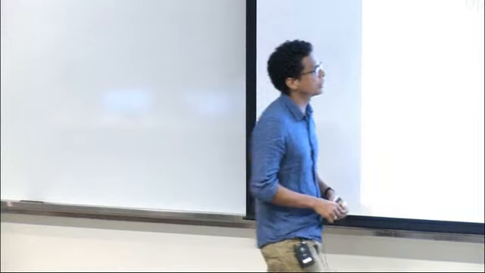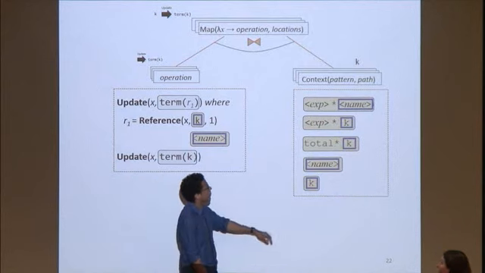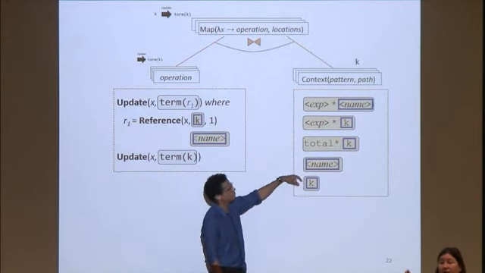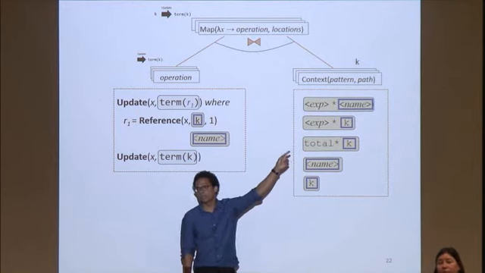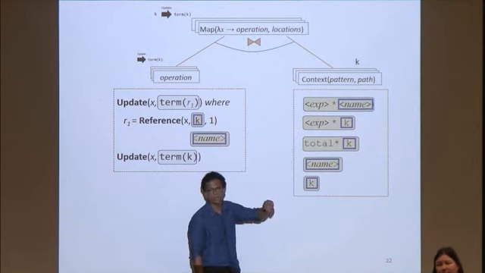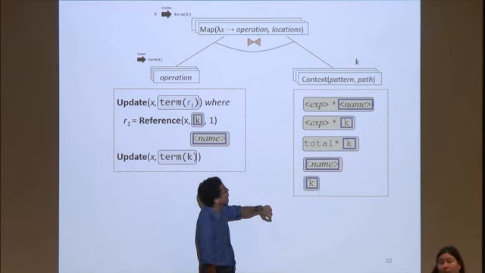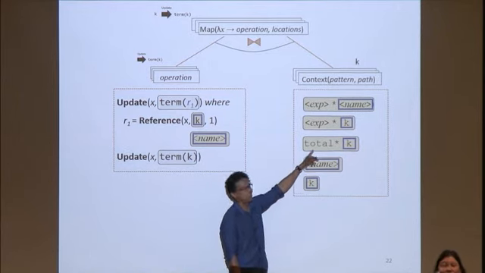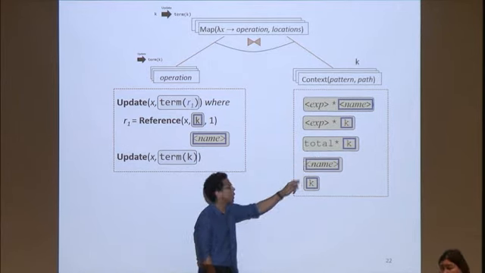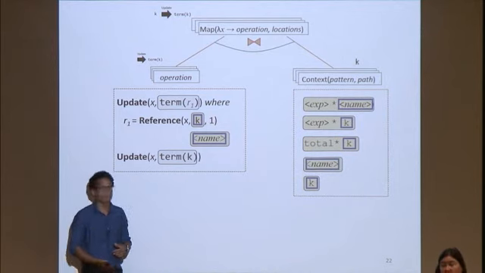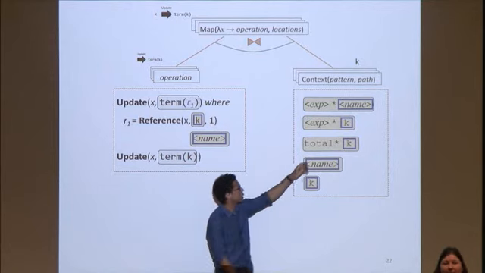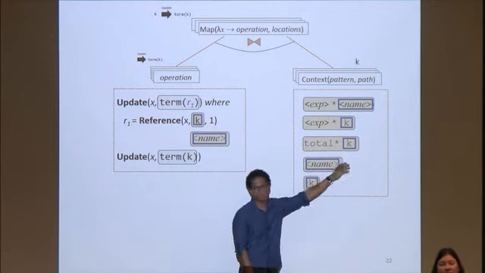For instance, here we generated all these patterns that evaluate to the node k in the program that we want. We have very specific patterns like this one, that must match first a multiply expression, and then the multiply expression must have a total and a k, and then we match k.